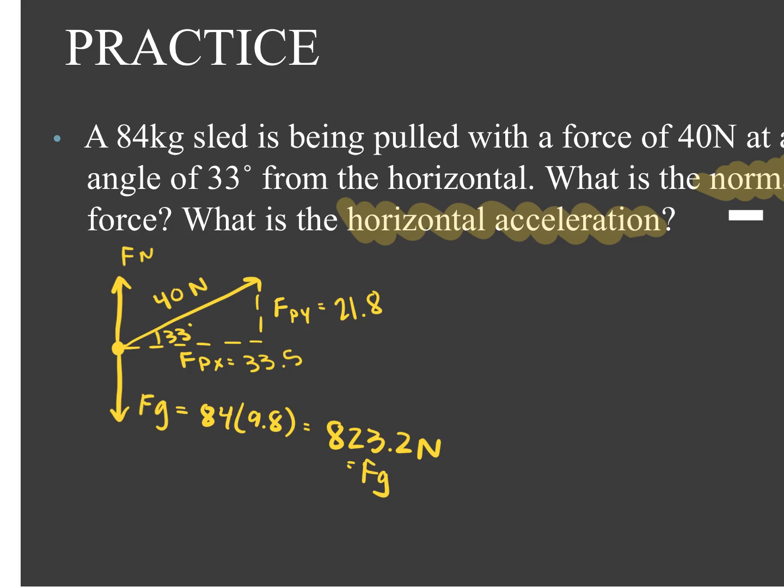And so I know in this case, the normal force Fn plus Fpy minus Fg, all of those vertical forces are my net force. And in this scenario, I know my net force is equal to 0, right? Normal plus 21.8 minus 823.2.